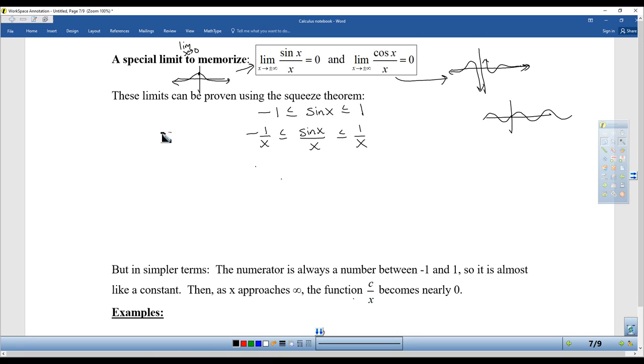I am going to throw in there that x is just greater than 0, because a negative would reverse everything. And then, remember, whatever you do to one side of the equation, you do to the other. In this case, whatever you do to one part, you do to all 3 parts. And then I'm going to add the word limit.